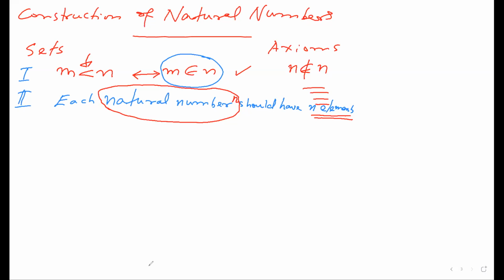Well, there's a kind of circularity about this definition. We are trying to represent n, a natural number, by a set. And we are already using the natural number in the definition. That's not quite right.